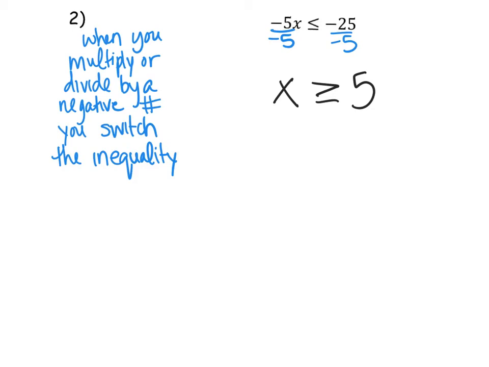And if I don't switch the inequality, then my answer and my shading will all be wrong. I won't be able to plug in my answer of 5 back in properly and have it be a true statement. So here's what I mean. Let's graph it first, the proper way.